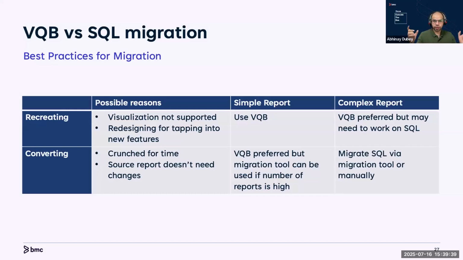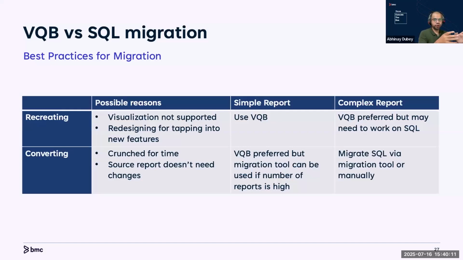For example, now you have access to both worlds, ITOM as well as ITSM. In a true service ops fashion, you want to create a new report which merges multiple reports that earlier teams were looking at separately. Or it could be increasing performance. There was a report that wasn't working too well, so this is a good opportunity. We can redo it.